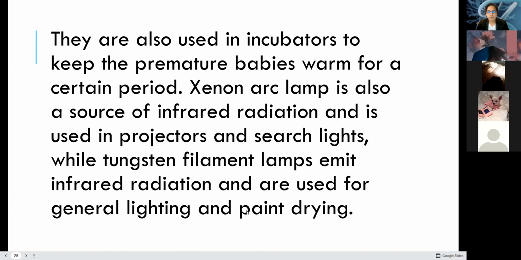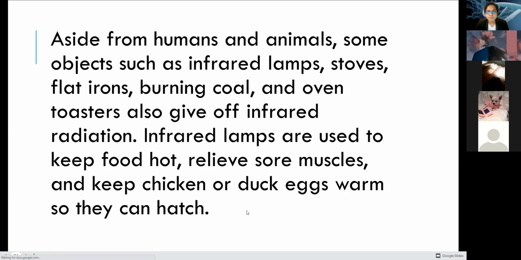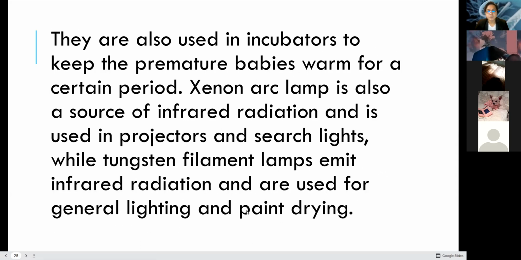Okay, that is hypothermia. In that case, we need to expose that particular child to UV rays or infrared rays, to heat up the body in order for the body to create more heat.